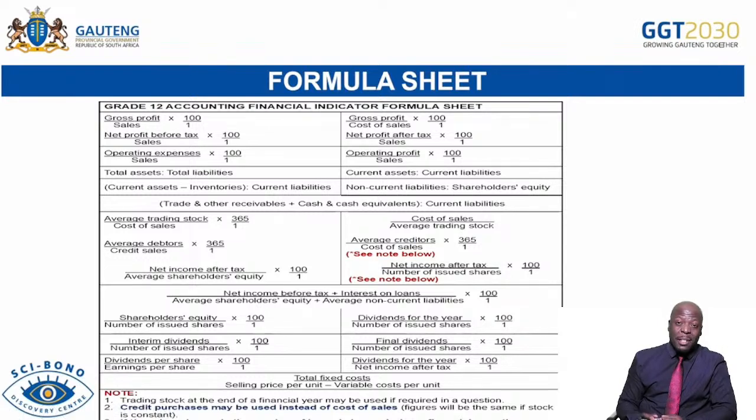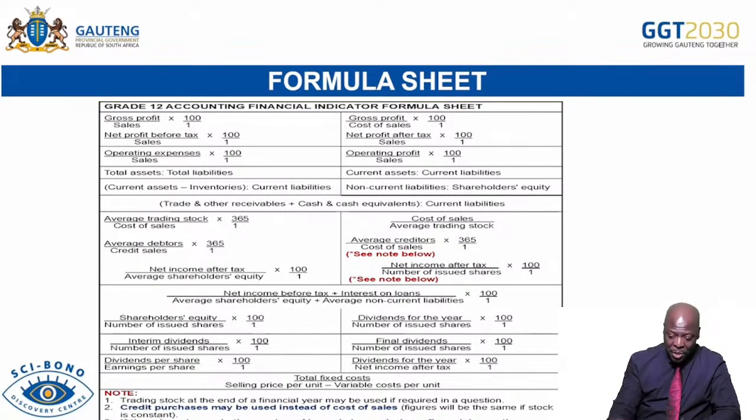Okay, I'm going to go on to the next aspect now, and the next aspect is financial indicators. It is very important, dear learners, that you know your financial indicators. In the exam paper, the formula sheet is also attached, so make sure you familiarize yourself with it. Find ways of knowing which part of the formula sheet speaks to which financial indicator.